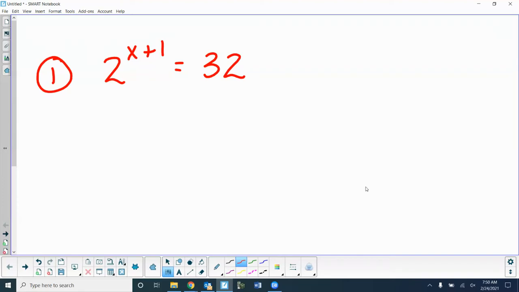All right, so again, when we have these exponential ones, like number 1, 4, and 6, what we're going to do is take the log of both sides.